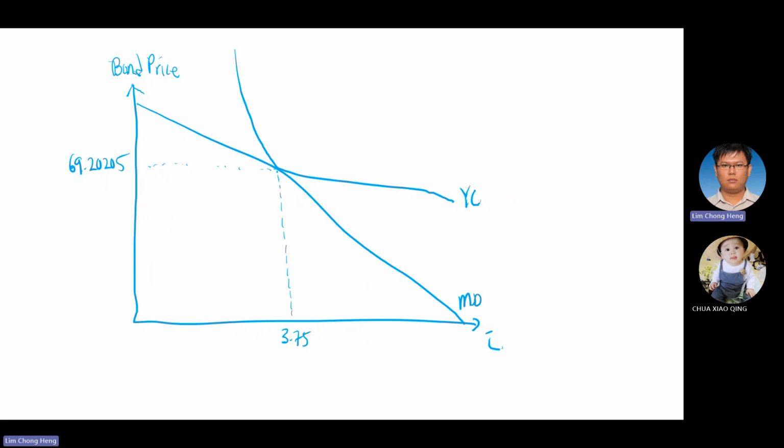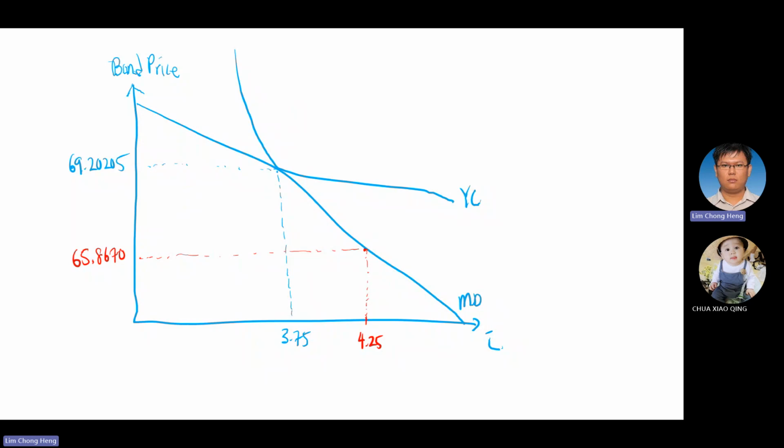And then the second, question B, they say, okay, now to increase to 4.25%, then modified duration, touch with the modified duration here, and then go to here, the price will drop to 65.8670.